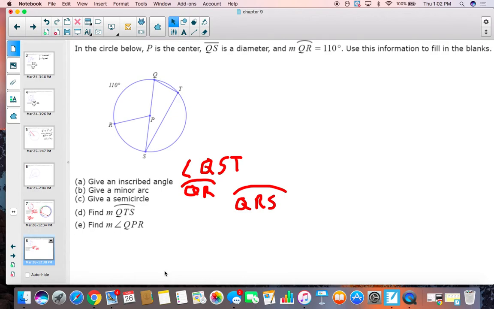QTS, well, let's look at that again. Isn't that also an arc that is cut by the diameter? Yep, so we know that that's going to be 180 degrees.